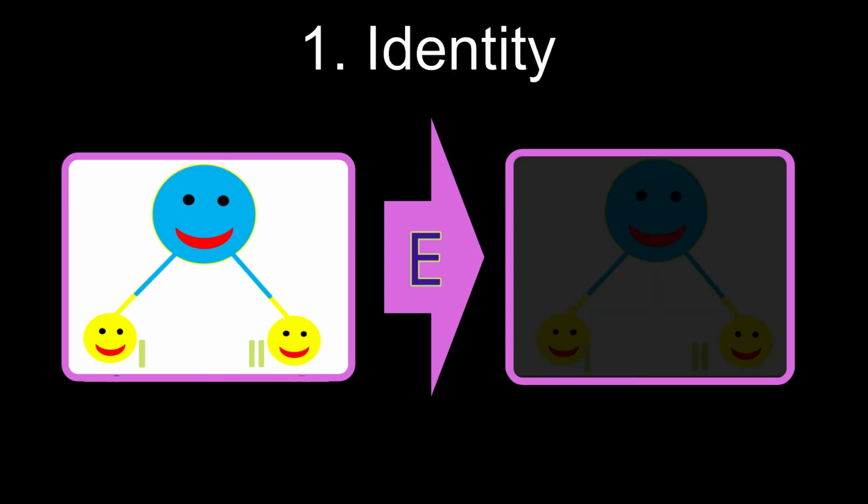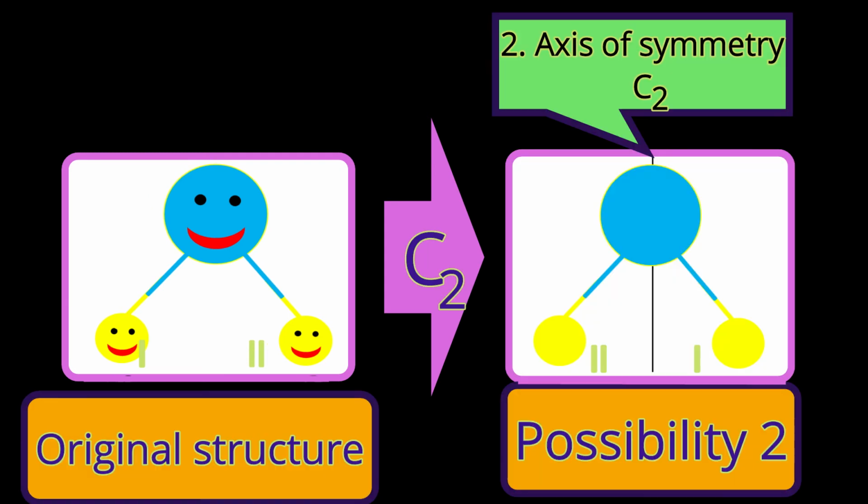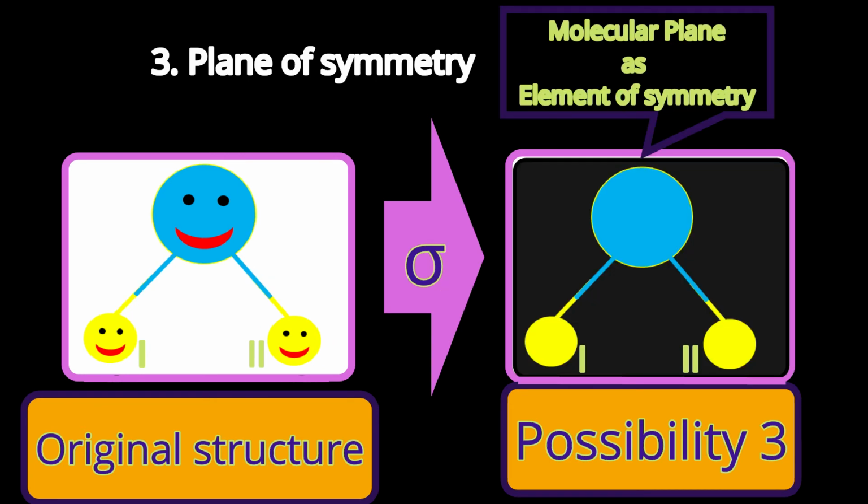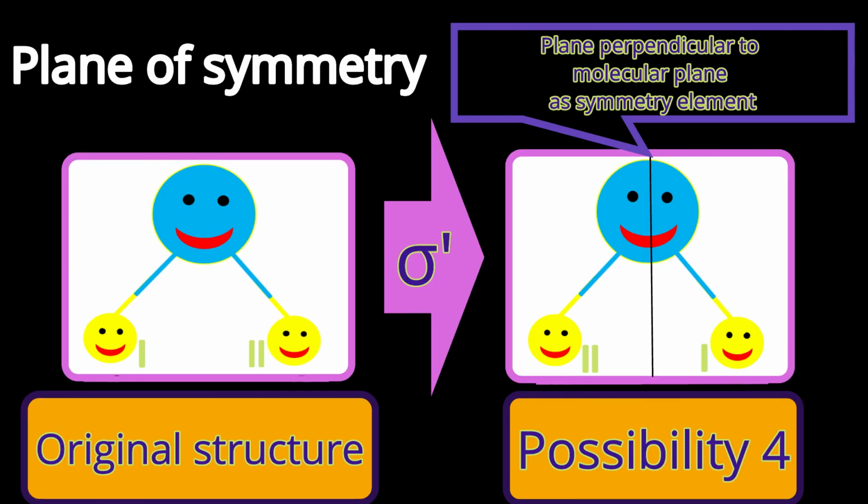The first was identity. Second, the axis of symmetry labeled C2. Third, the molecular plane of symmetry labeled sigma. And fourth, the plane of symmetry which is perpendicular to the molecular plane, represented as sigma dash.